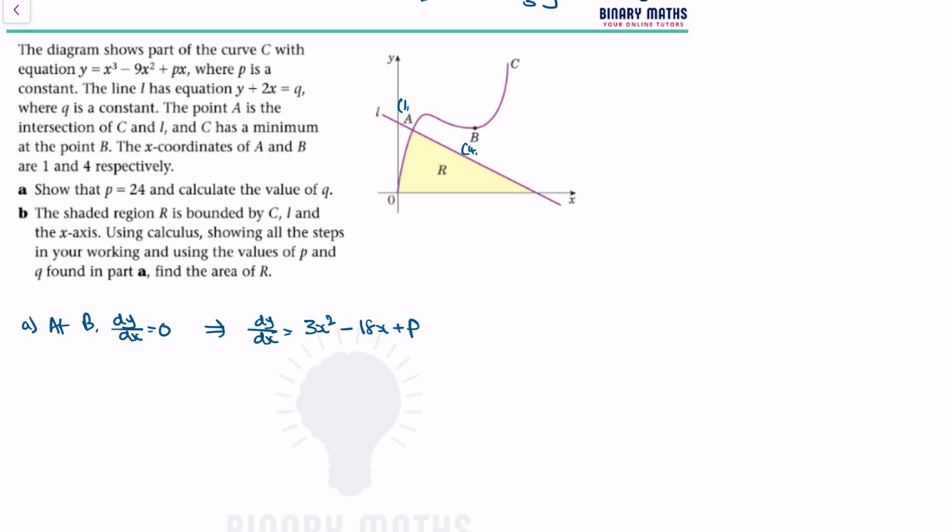Okay, dy dx is when x equals 4, because B has x coordinate 4.